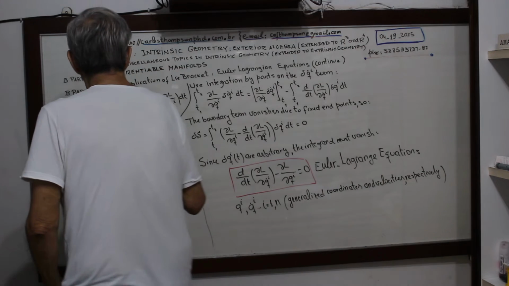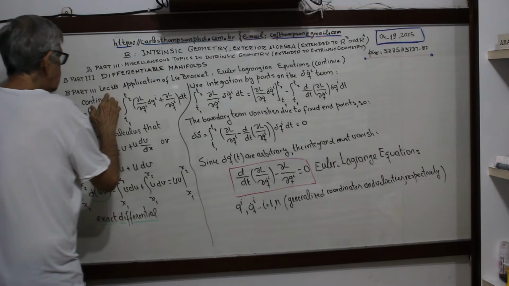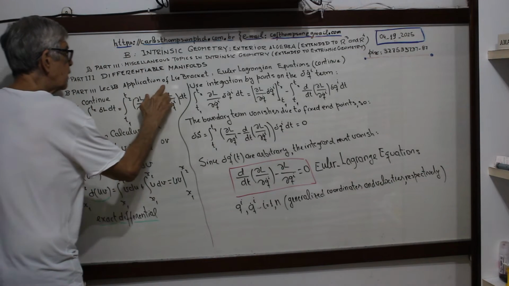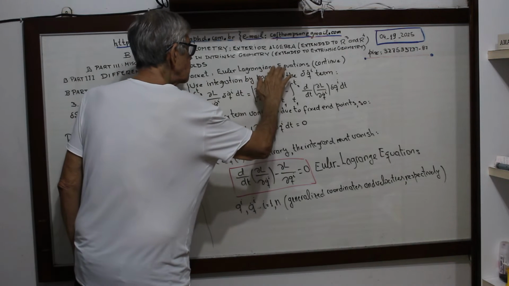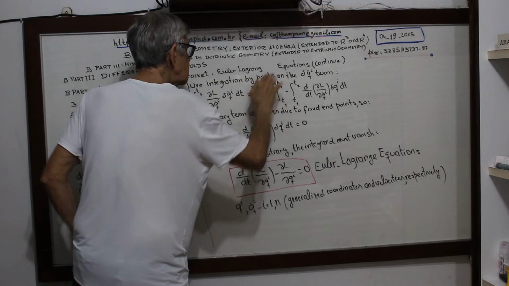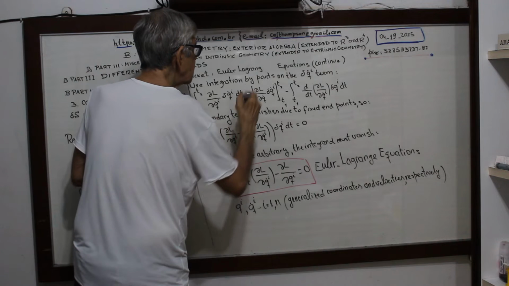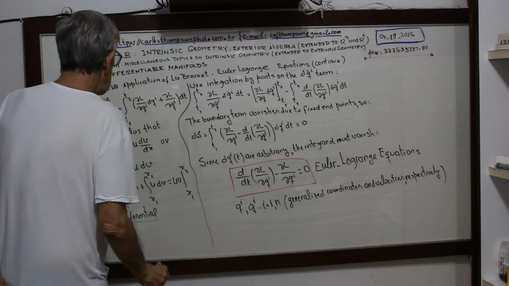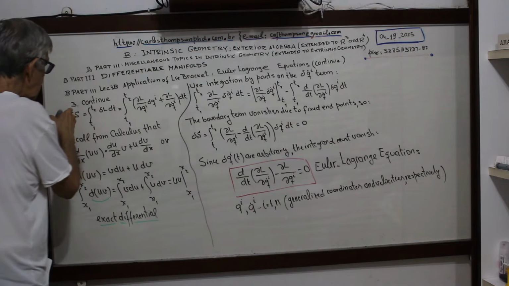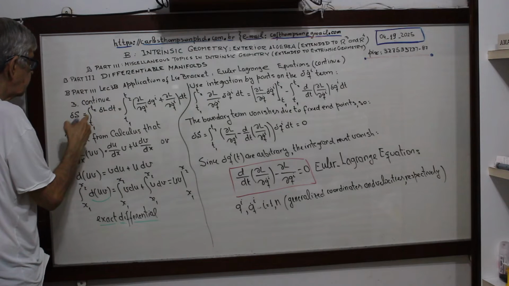Let's continue. Now lecture 3b, again an application of the Lie bracket, the Euler-Lagrange equation. It's better to write our Euler-Lagrange equations. Now, item 3, continuing.